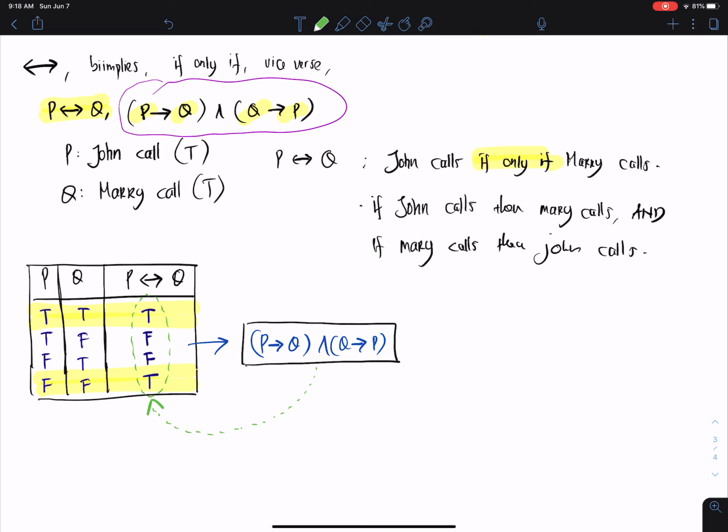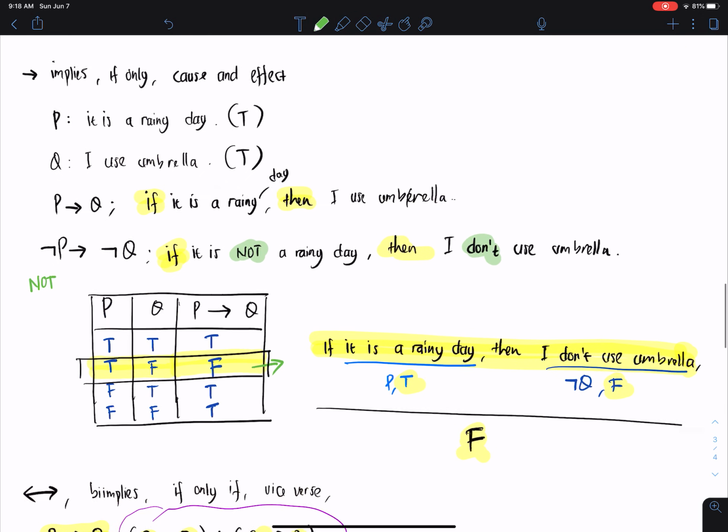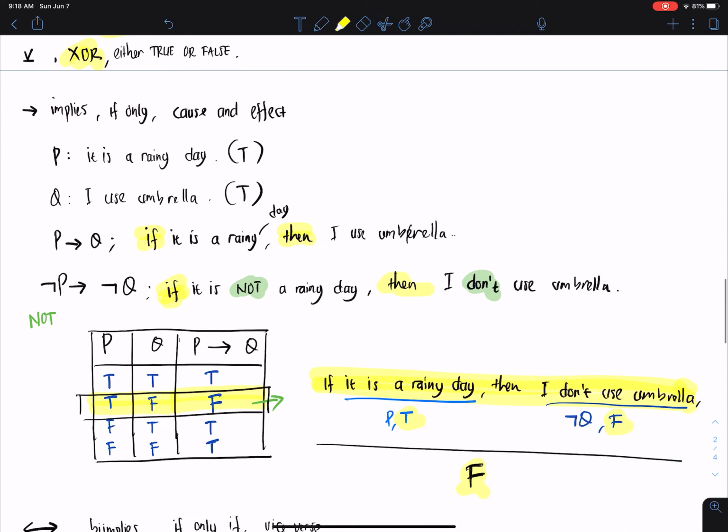So it must be true, false, false, true as well. Okay, so that's Biimplies. So now the last one here, that will be XOR.